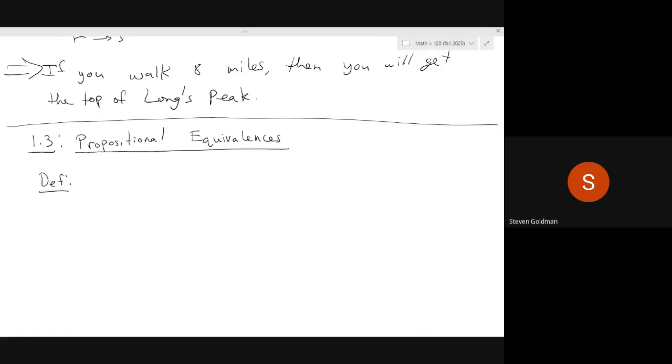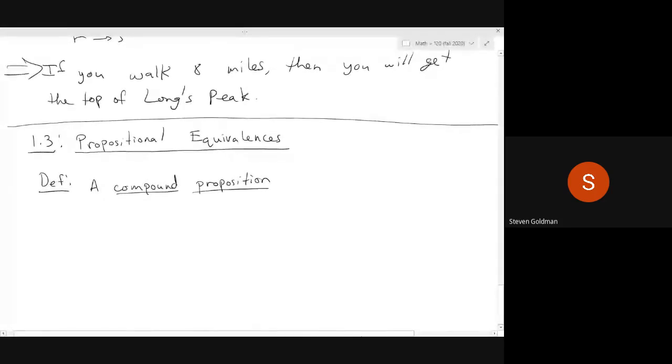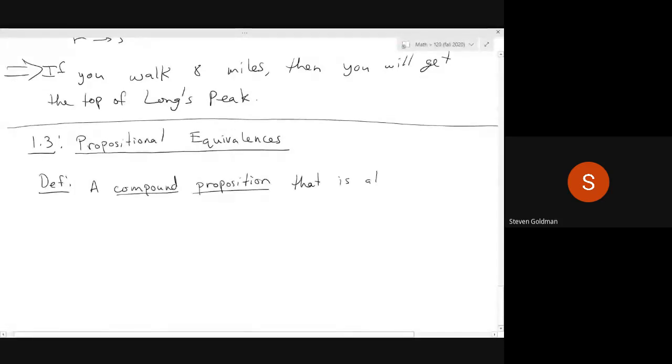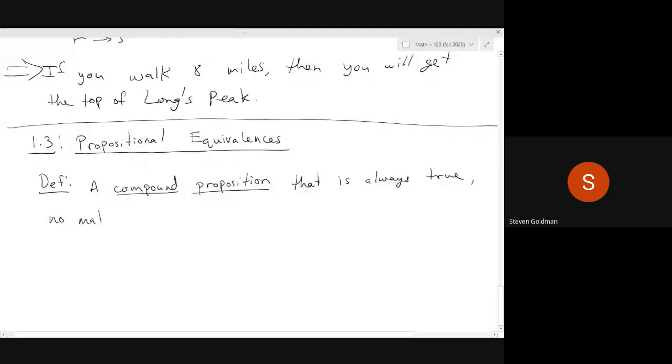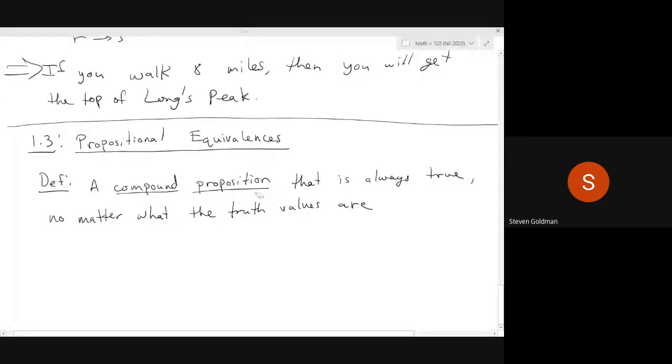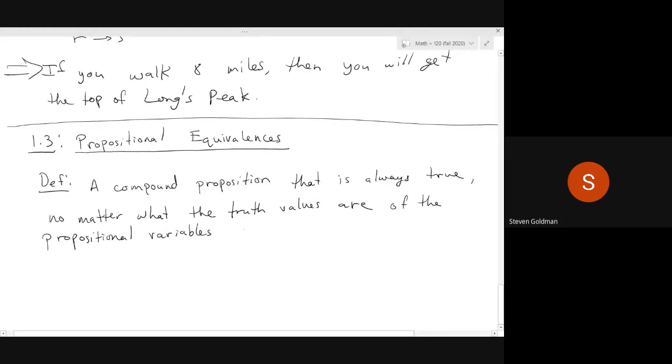Okay. First definition is for a tautology. A compound proposition that is always true, no matter what the truth values are of the propositional variables that occur in it, is called a tautology.